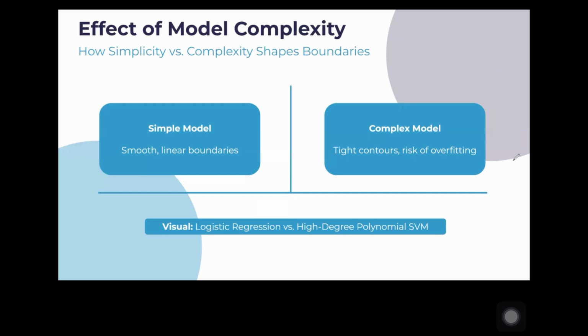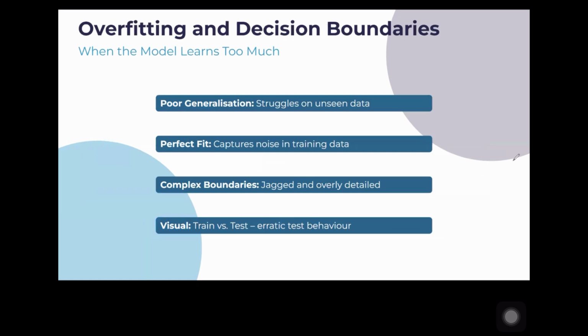So we have simple models where linear boundaries are there, very easy models. But complex models are those where we have tight contours and we have risk of overfitting issues, and it's very difficult to work out on them. So logistic regression versus high degree polynomial support vector machine or radial basis function based support vector machine is to be worked out here.